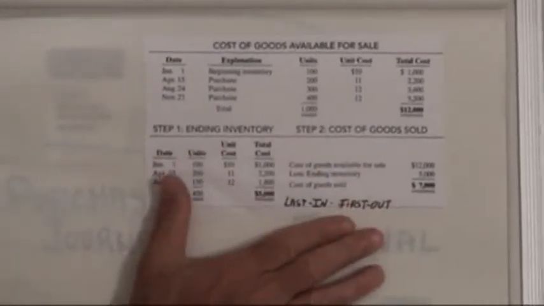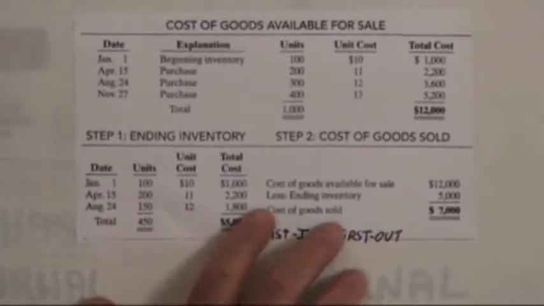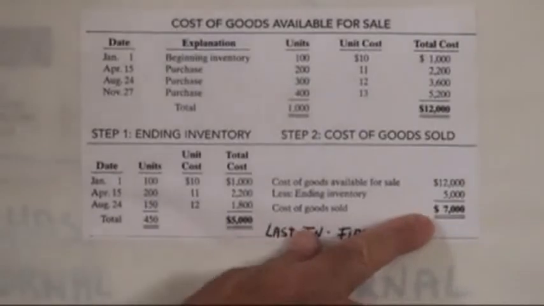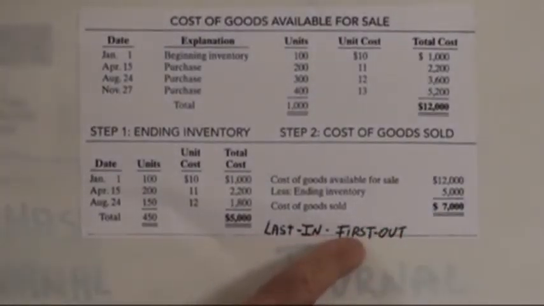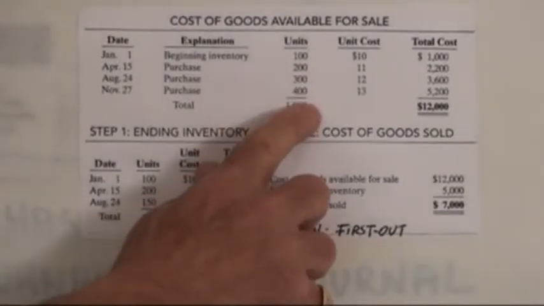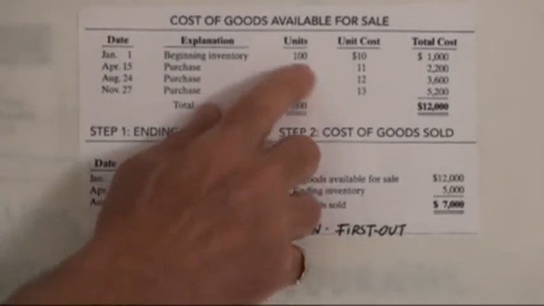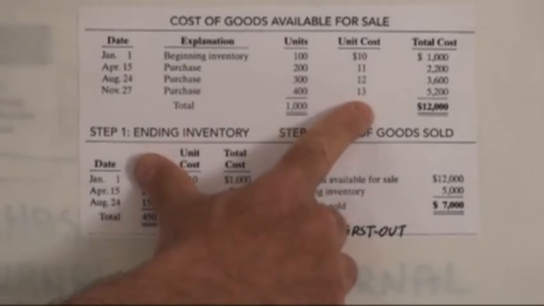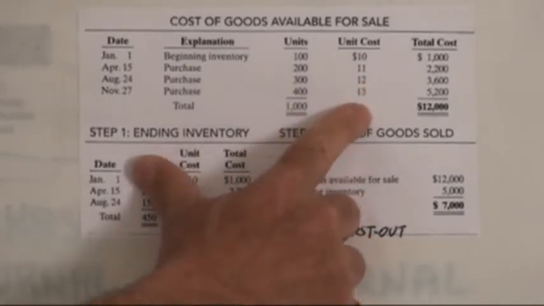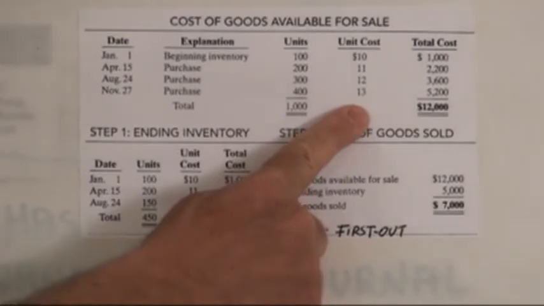Another argument in using this method is we're putting more relevant cost into our cost of goods sold against our sales when we use LIFO, because we're taking the last units in, making them part of our cost of goods sold, and that's the real cost, the most current cost of the goods currently.